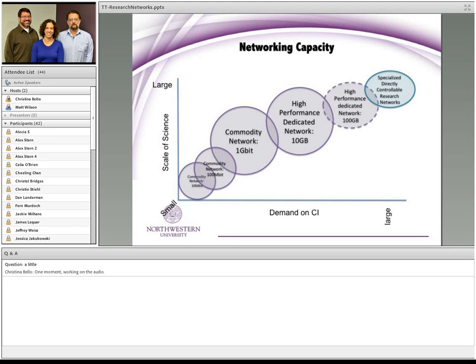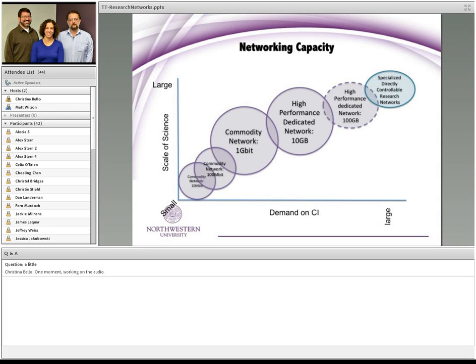Now, this graph looks similar to the one I presented earlier, showing what scale of science and demand of CI could be served by the typical network capacities currently deployed. For Northwestern's pilot campus research network, we're talking about a high-performance dedicated network at a speed of 10 gigabits per second.